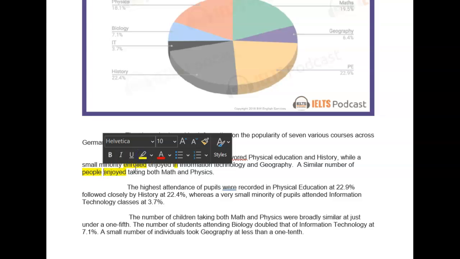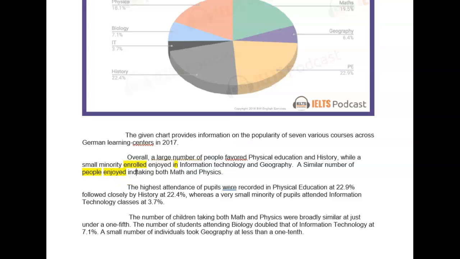Sorry, I've just used enjoyed. Indicated their, no, we're going to have to not use this too much for taking both physics and maths. Okay, so that's a nice overall sentence. Great. Here we need some more detail, yeah? Now, it's not the highest attendance.